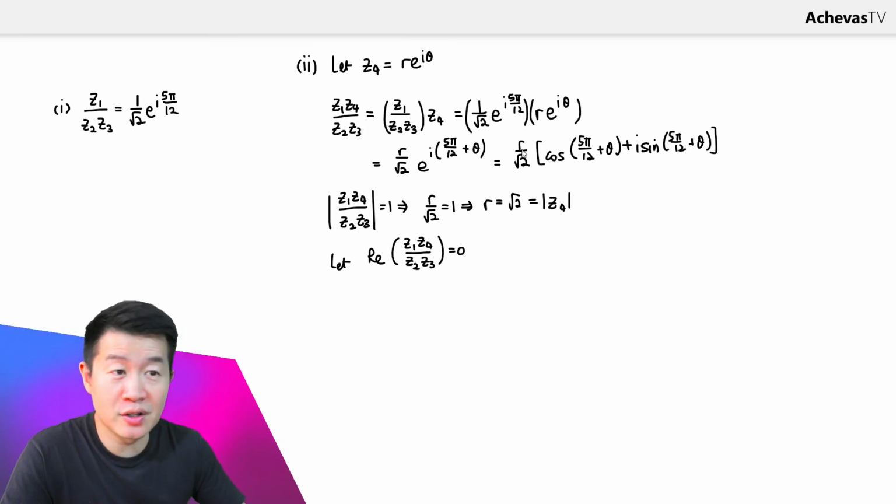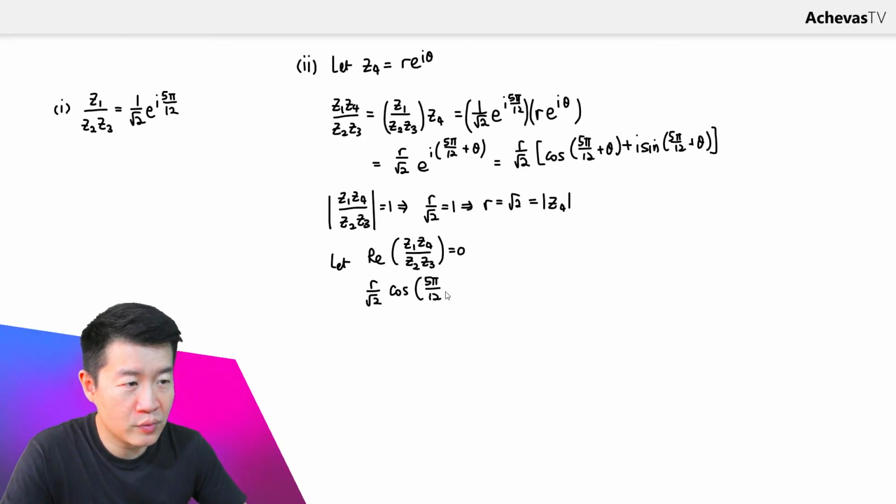And this actually consists of r over square root of 2. So r over square root of 2 times cosine of 5 pi over 12 plus theta is equal to 0, but it doesn't really matter because I can just divide this across to the other side, which will leave me with cosine of 5 pi over 12 plus theta is equal to 0.